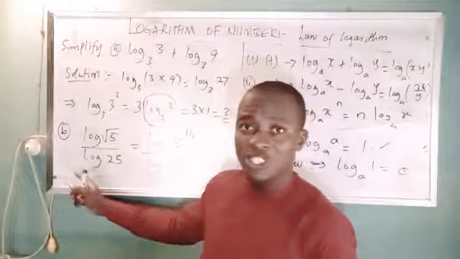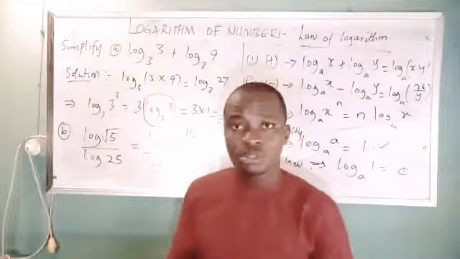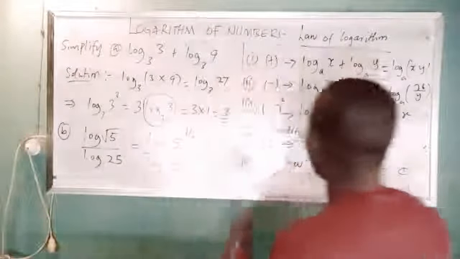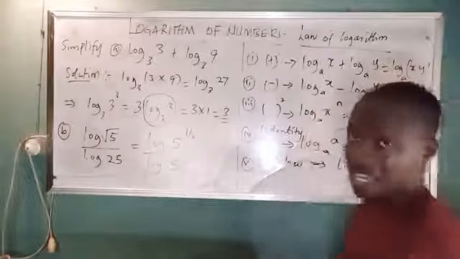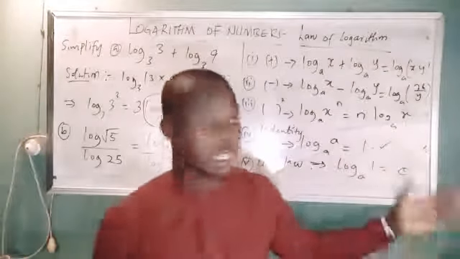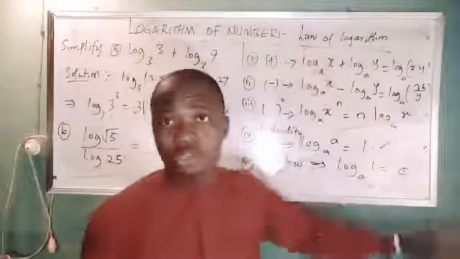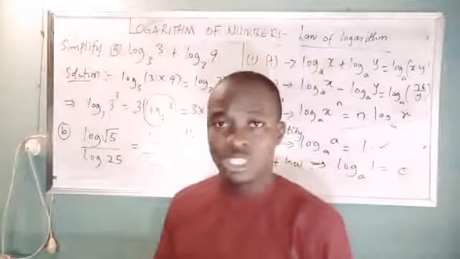Our base is not specified, that is, it's not written. You can't see which one. You may be asking yourself which one is the base now, because from the laws that I gave, I wrote base all through. But here now, there's nothing like base. Don't be confused about that.